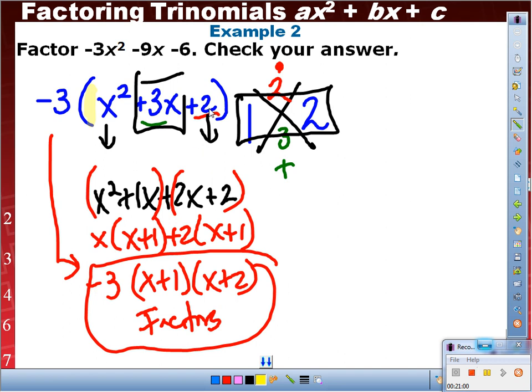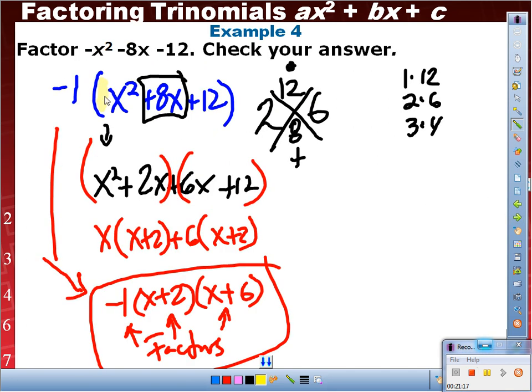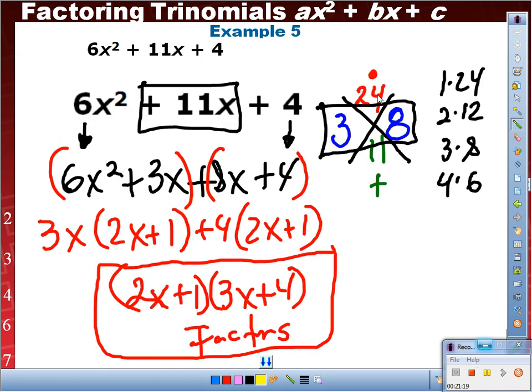That's why we only wrote this, right? Because what is 1 times 2? What is 1 times negative 4? What is 1 times 12? That make sense? Okay. Let's move on.